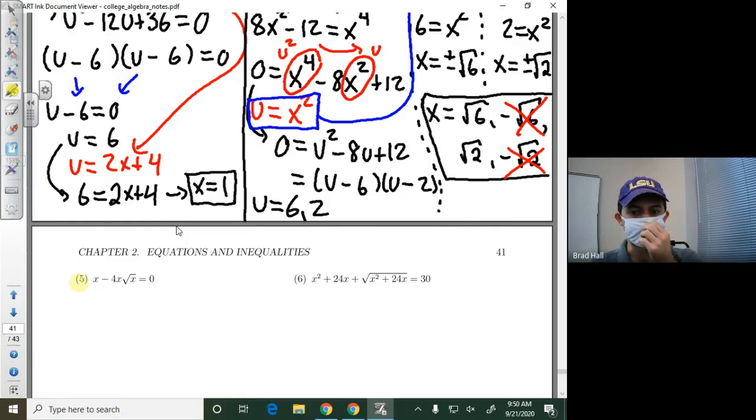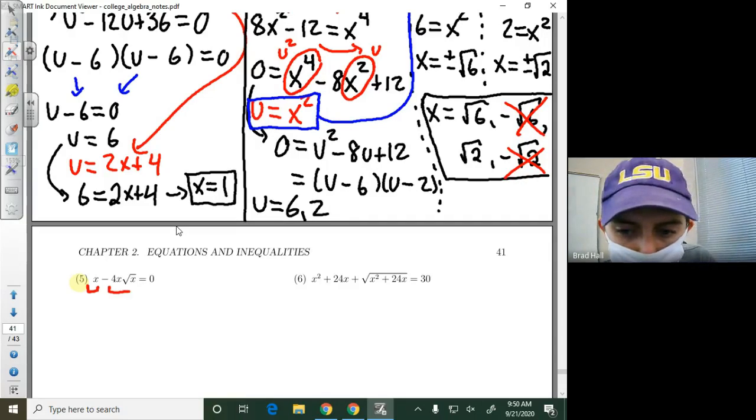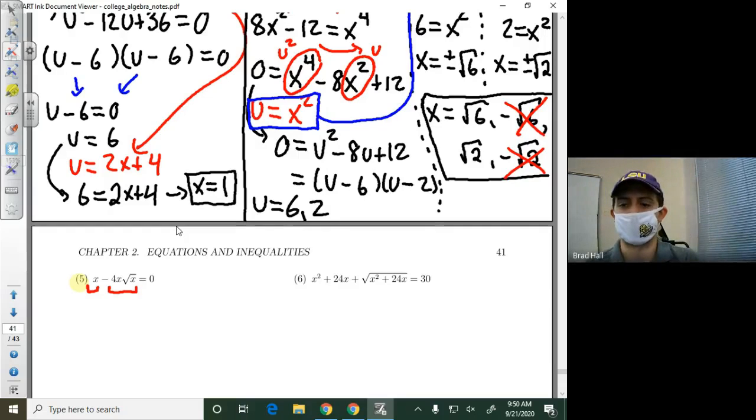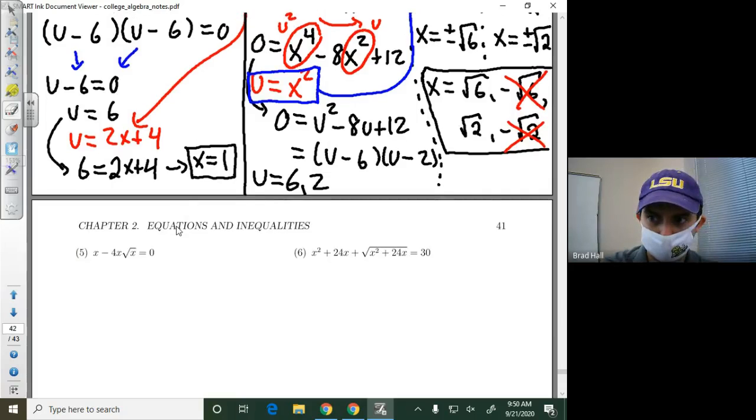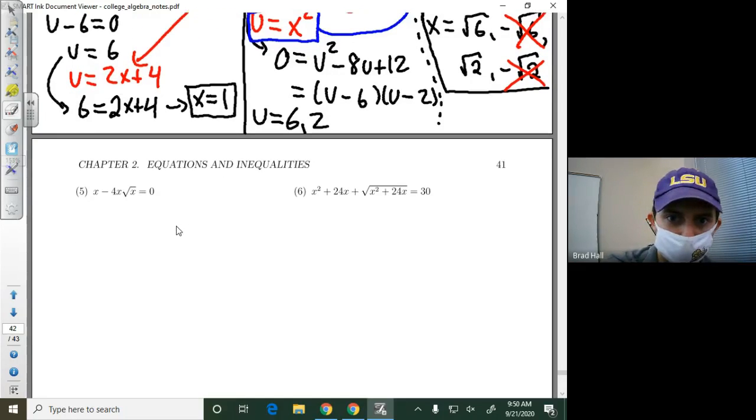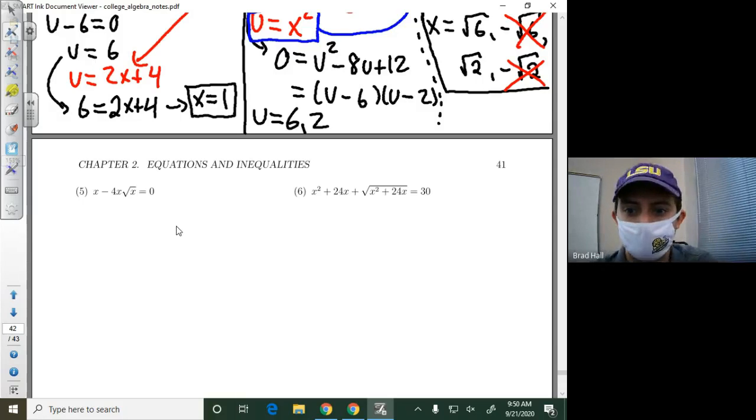In fact, it's easier for this problem because we have two terms, and they both have something in common. What they have in common is an x. We haven't seen this in the previous problem, so that's why we want to utilize this as such. So they both have an x in common, so I'm going to factor out an x.